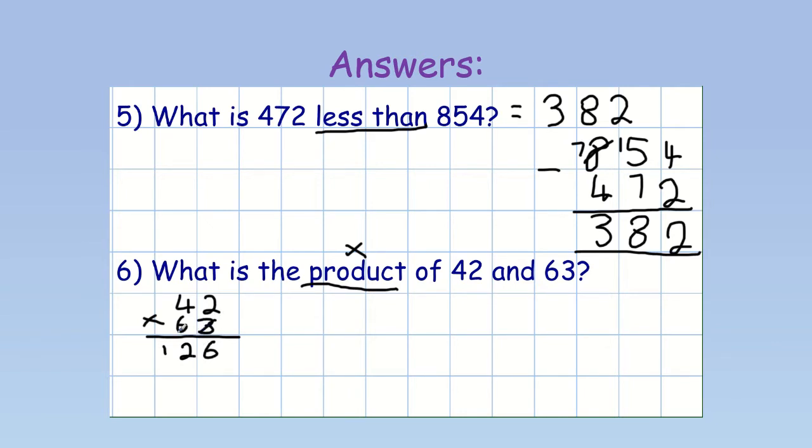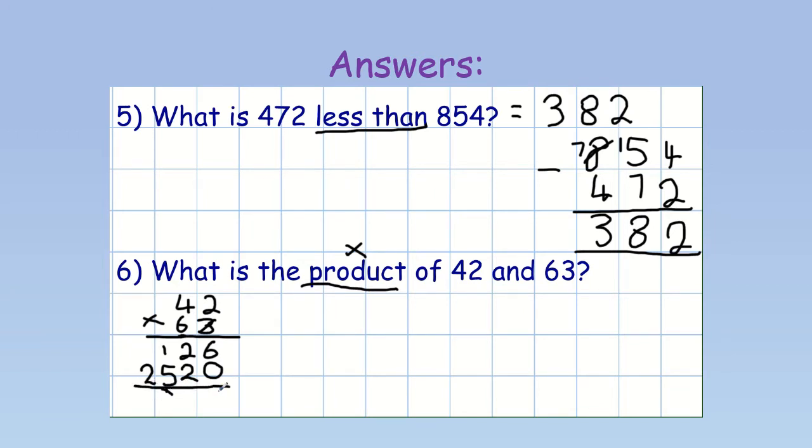Now we've done our ones, we need to do our tens. So we put our placeholder in first. 6 times 2 is 12. 6 times 4 is 24. Add the one you carried is 25.